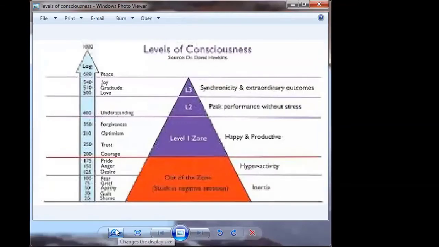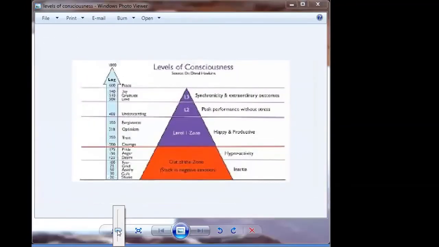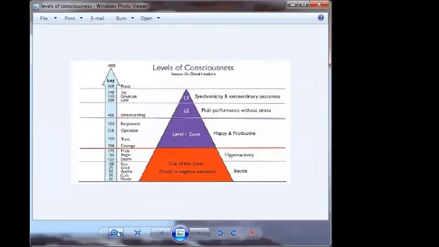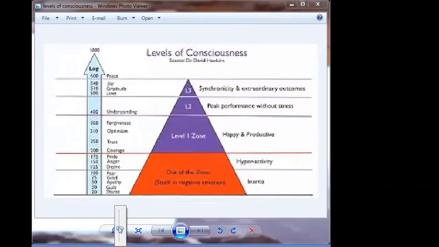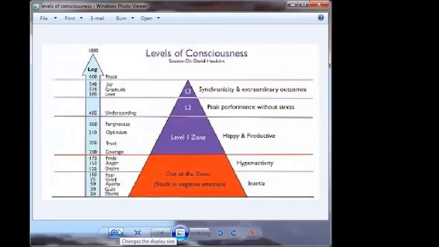But a little bit higher on the scale, there's cravings and anger, and in this area, there's a lot of hyperactivity. The mania around getting, a lot of times in materialism, is very prominent in these levels.